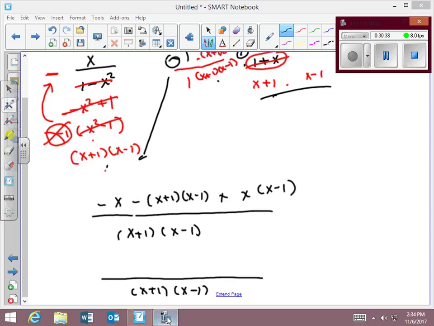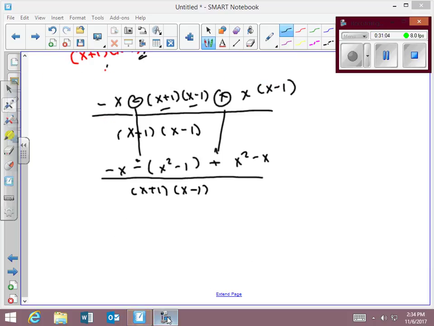And the numerator is a minus x. Now I put a minus sign and put a bracket. When I multiply these two out, what is it? x squared minus 1. And this plus sign comes down. That's x squared minus x. Now I got to get my signs in my numerator squared away.